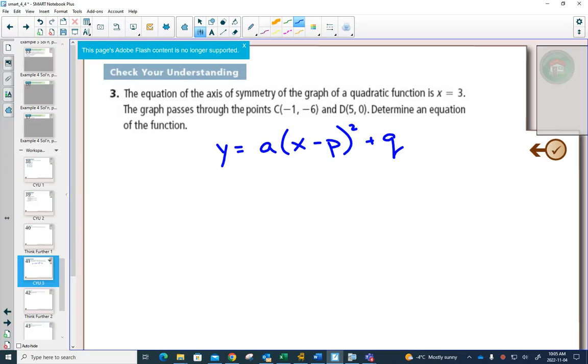So read it, think about each of the things they've told you, what they mean, and then one of those things that they've told us, either the points or the axis of symmetry, tells us one of those letters. I'm not waiting, I just want you to think about it.